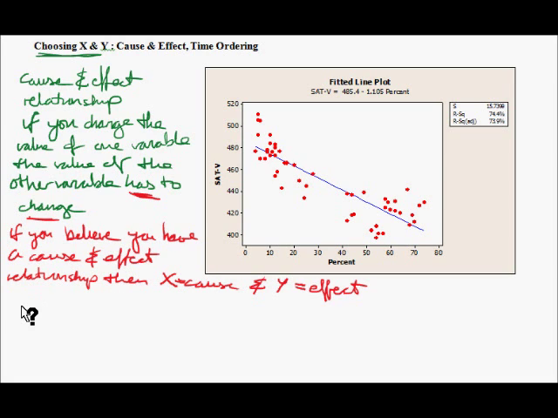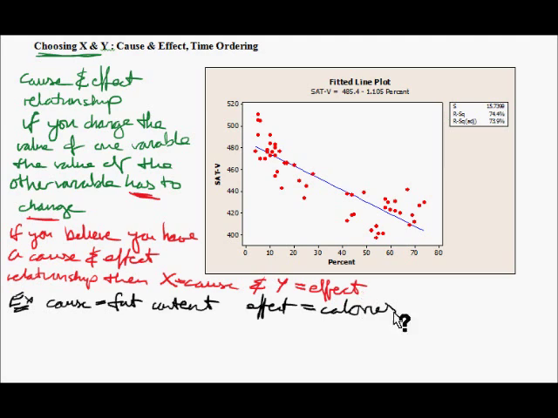An example of cause and effect, where we do have cause and effect, would be: the cause would be fat content, and the effect would be calories. And say here, an individual is a hot dog, not a person.